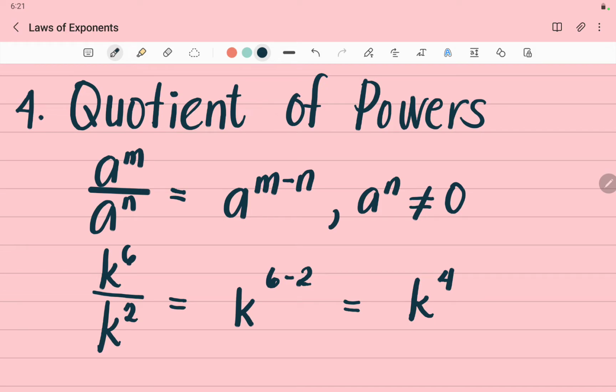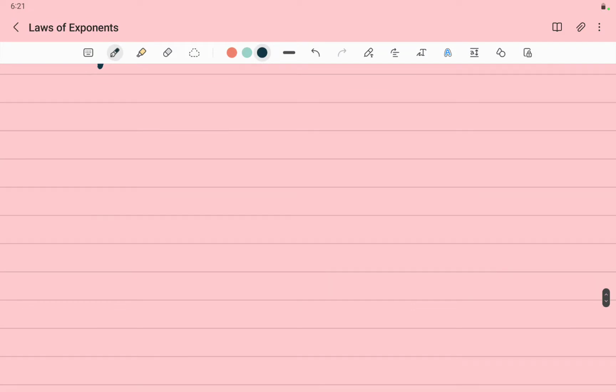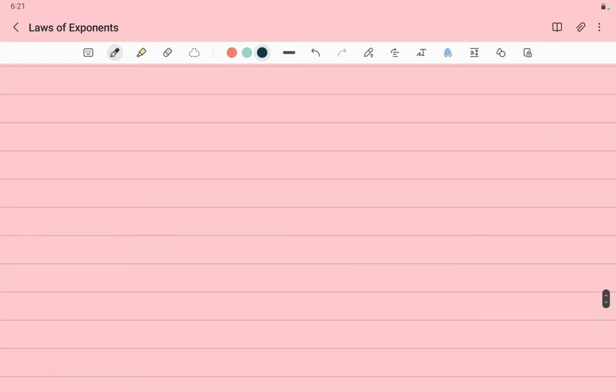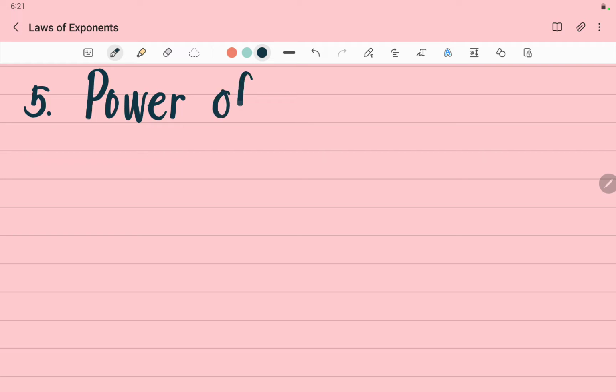Is that clear, students? Very good. Now, let's go to the fifth law of exponents: Power of a quotient.